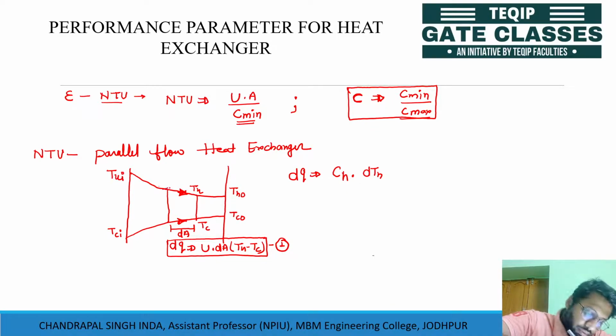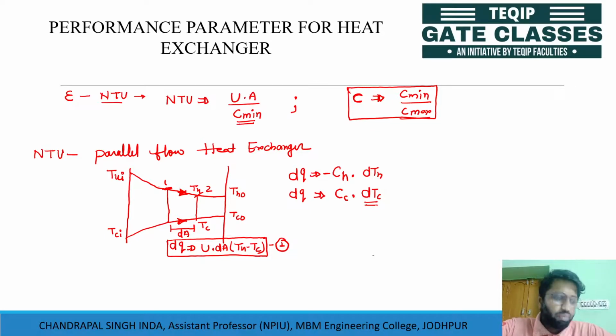From the first point to the second point, the temperature difference will be negative, so this is minus Ch delta Th. The heat transfer in the cold fluid will be Cc multiplied by delta Tc, and here delta Tc will be positive. So these are equation numbers 2 and 3.